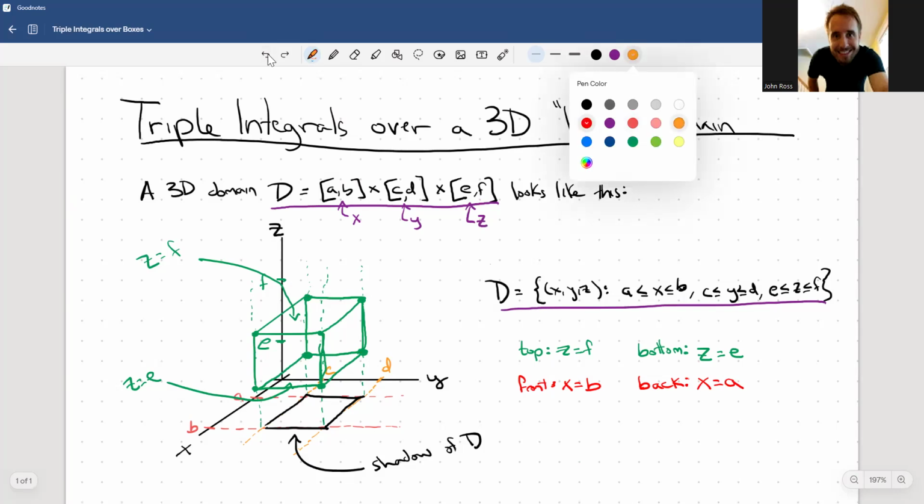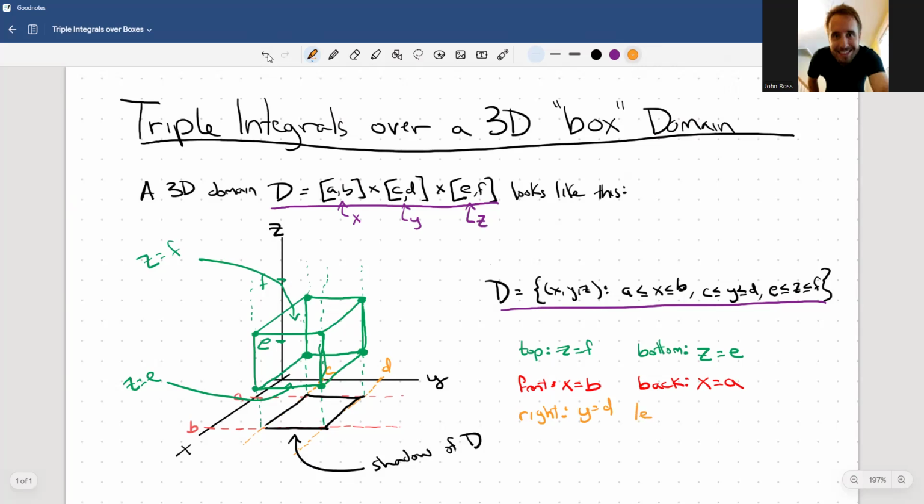Finally, we've got our left and our right sides. So the right side, right, that's going to be this one over here. And that corresponds to the vertical plane at y equals d. So that's the y equals d plane.